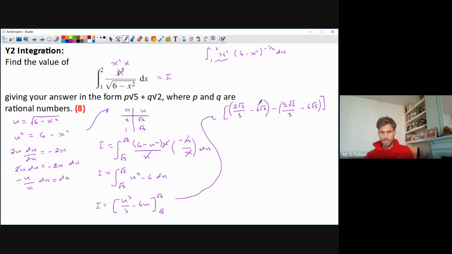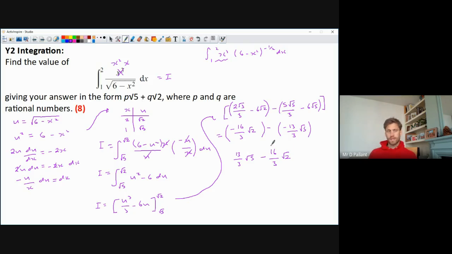Okay, so altogether here, that over 3, that's 18 over 3 root 2. So 2 minus 18, minus 16 over 3 root 2. Minus 6 over 3, that's again minus 18. That's 5 minus 18, so that's minus 13 over 3 root 5, which in the end, double negative becomes a plus. So I've got 13 over 3 root 5 minus 16 over 3 root 2, and they are both rational.